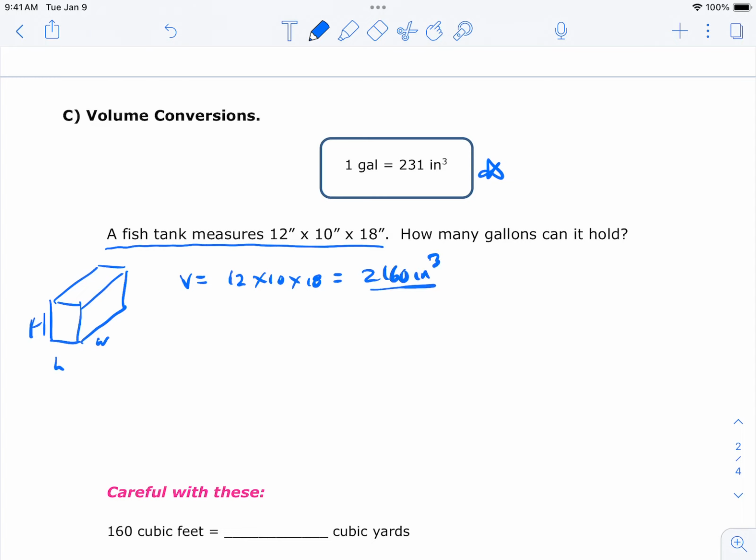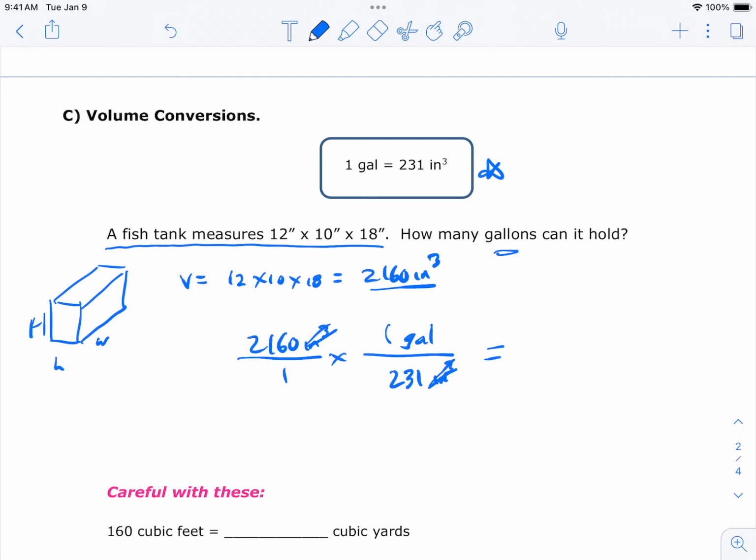Okay, and we want gallons. So we grab this conversion factor. I've got 2160 cubic inches, write that down, put it over 1. Here we go: 1 gallon is 231 cubic inches. Cubic inches cancel cubic inches, and we're left with gallons. Take your 2160, divide it by 231.